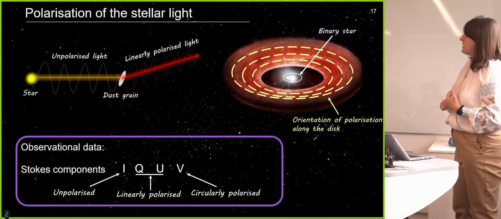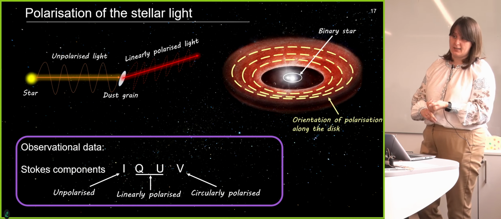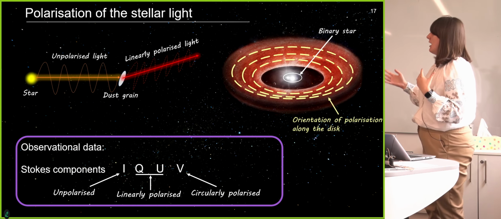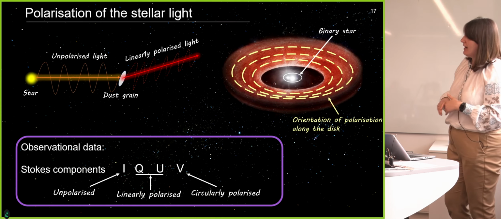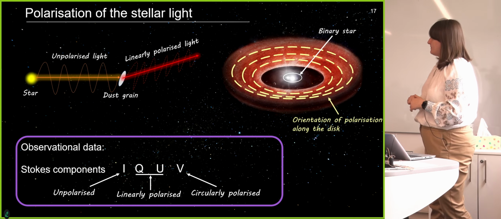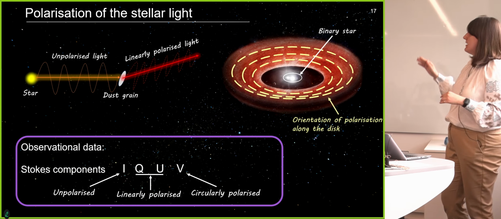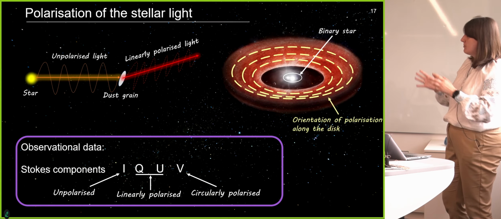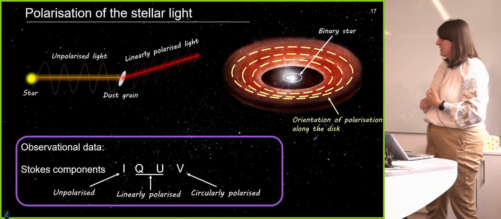So we assume that our disk is optically thick and not too highly inclined, so the inclination is not exceeding 60 or 70 degrees. And if we assume single scattering on the disk surface, the orientation of the polarization vector of the light would be azimuthal with respect to the central star.